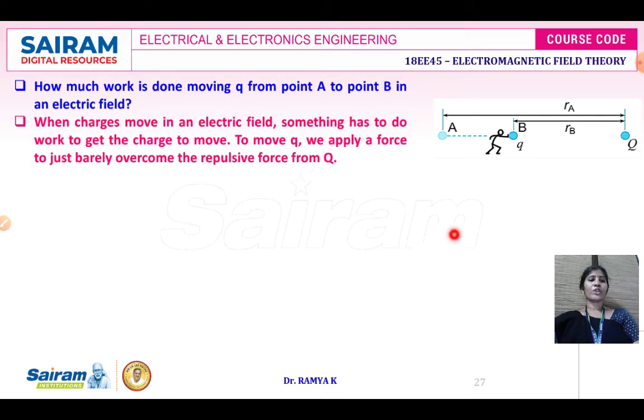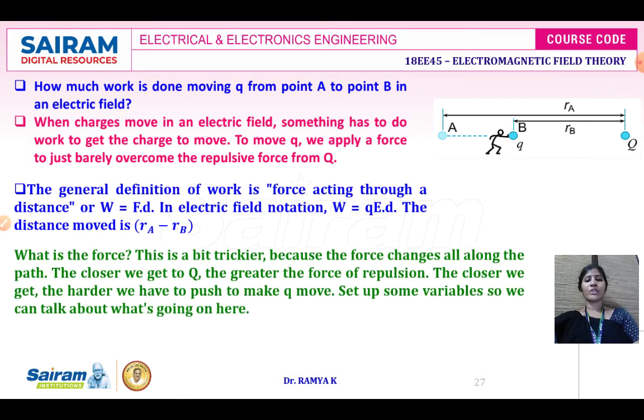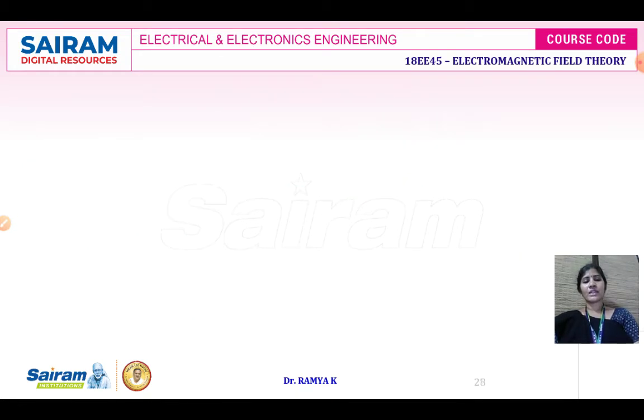Suppose you wanted to move the charge Q from point A to point B, what is the amount of work done? The amount of work done can be written as W is equal to minus Q E dot dl. The distance is from A to B, so the integration is from limit A to B. The distance between A to B can be written as RA minus RB.